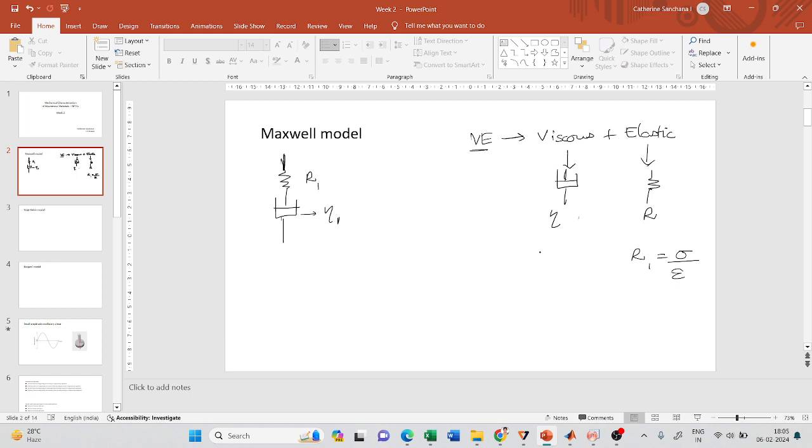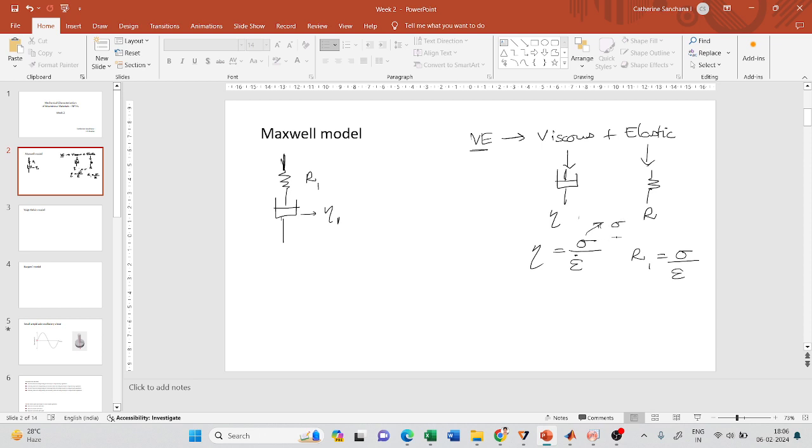And similarly, a dashpot is a viscous element, and so it will have a property called viscosity. And for a viscous element, the stress strain relationship is given by stress divided by strain rate, right? Here I'm not making any distinction between whether it is a shear stress or normal stress. I'm simply representing this as sigma.